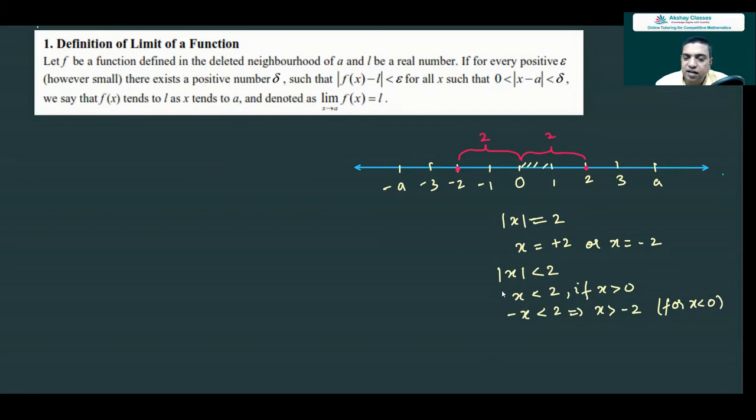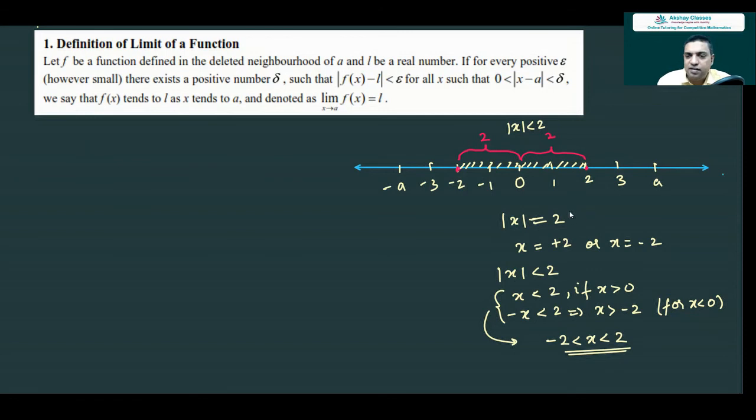So together, these two inequalities, what it means, x is greater than minus 2 but less than 2. So it is set of all values of x which are lying between 2 and minus 2. So this is what it means. This entire area is modulus of x less than 2, means this. All right.